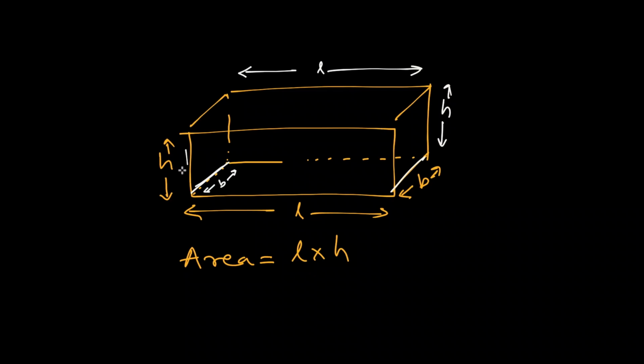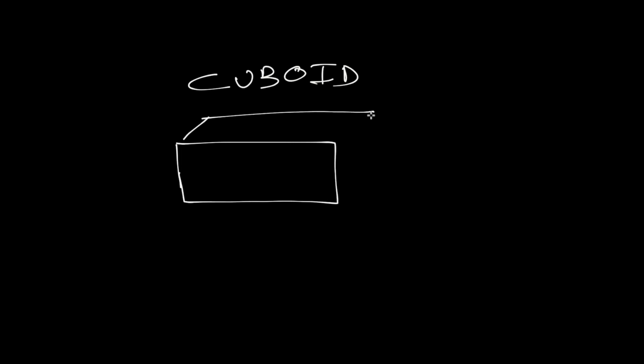Now we are going to find all four formulas. First we are going to find the lateral surface area. The way we found it for a square or the cube, in the same way we are going to find it for the cuboid. So we take the cuboid and find the lateral surface area. Why is it called lateral surface area?